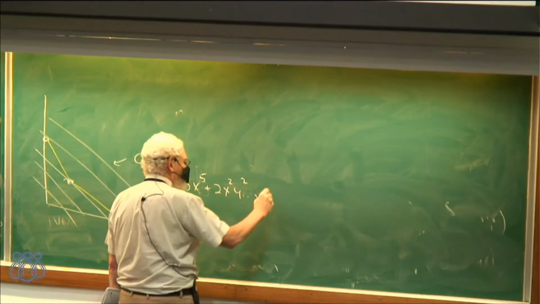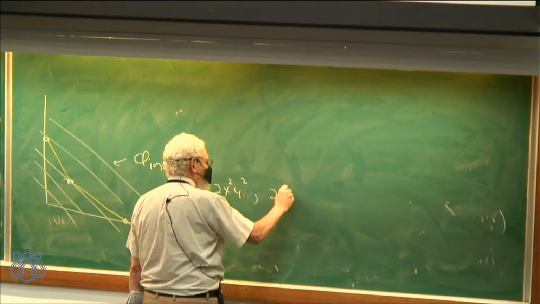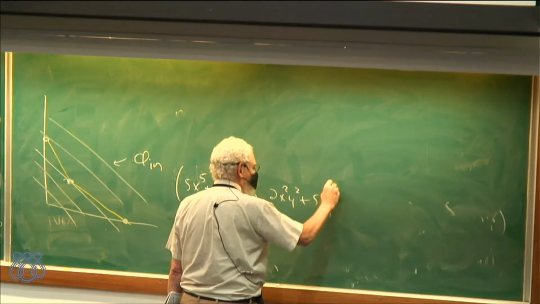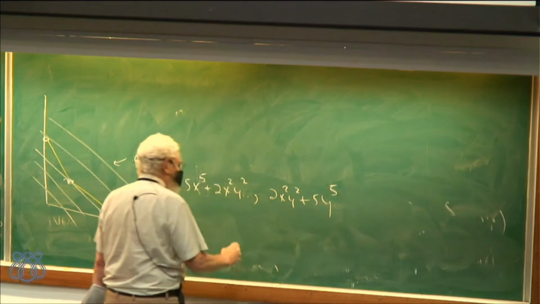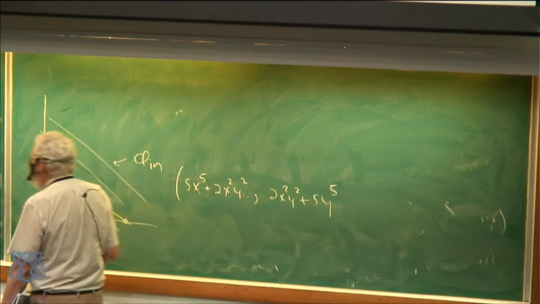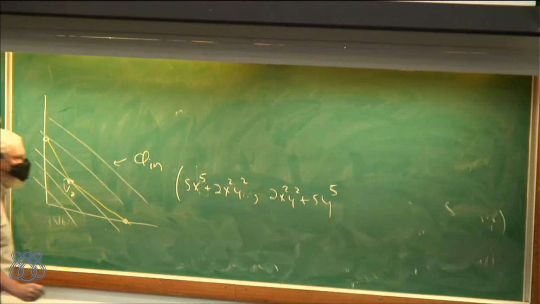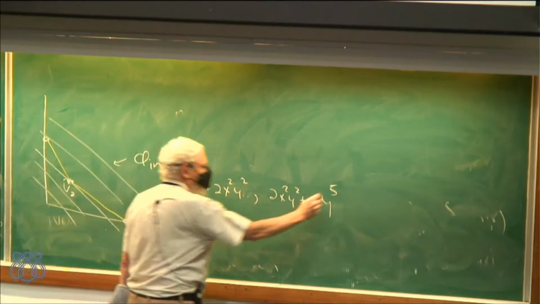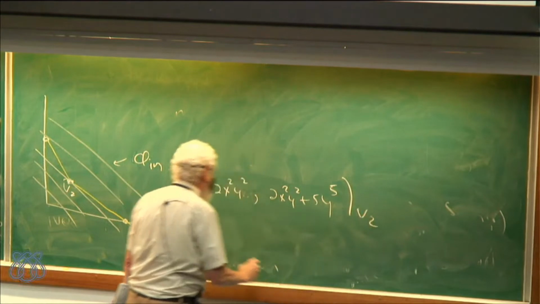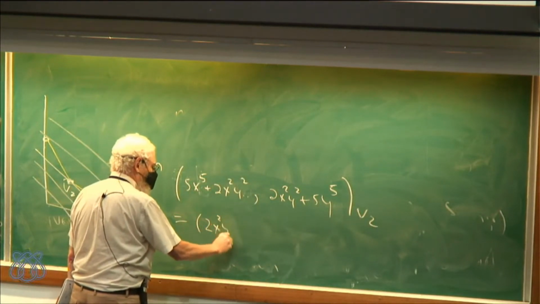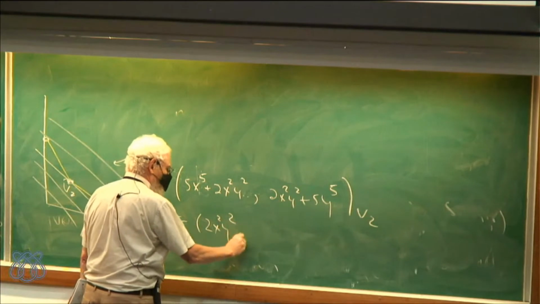Then the other one looks like 2x squared y squared plus 5y to the fifth. And I only want to look at the part on this vertex here, which I'll call V2. If I restrict to V2, I just get 2x squared y squared twice.